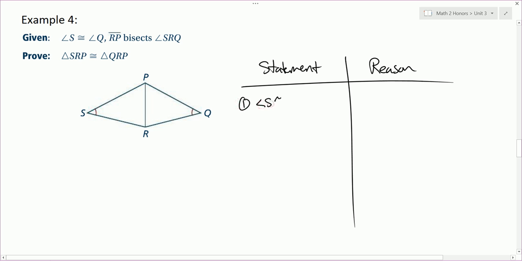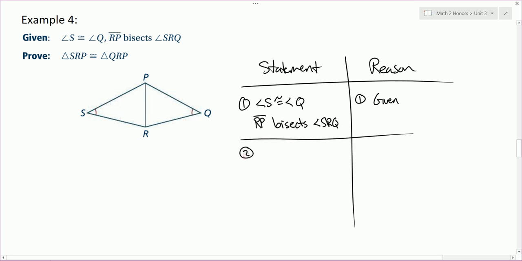Angle S is congruent to angle Q, and RP bisects, which means cuts in half, angle SRQ. Those are our givens. So at this point, let's stop, look at our picture, see if we can figure out how to solve this.